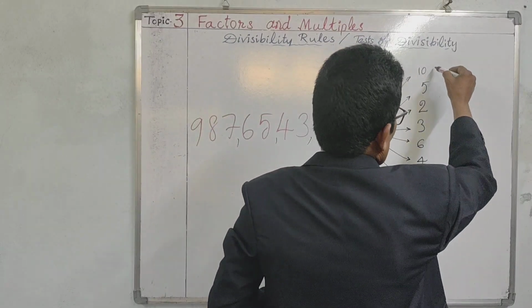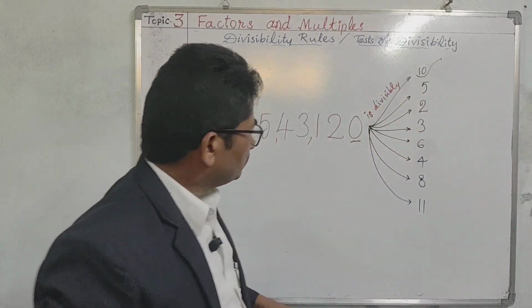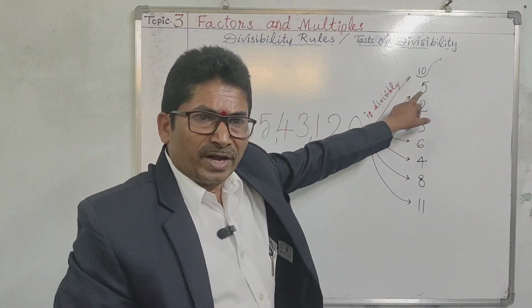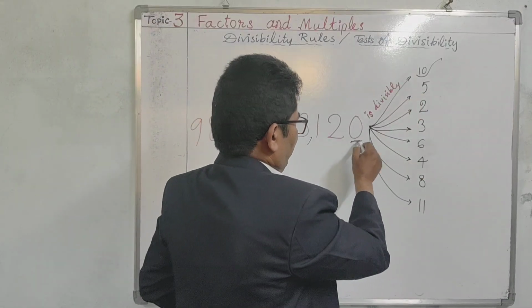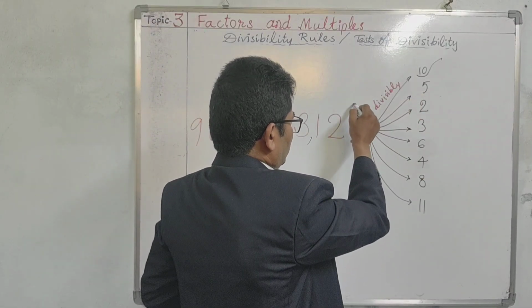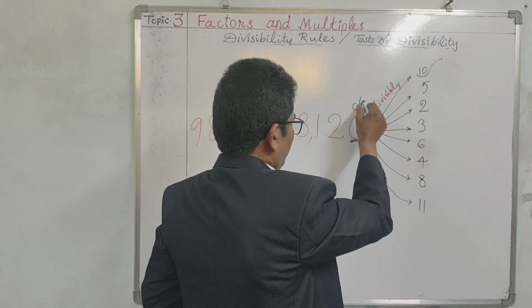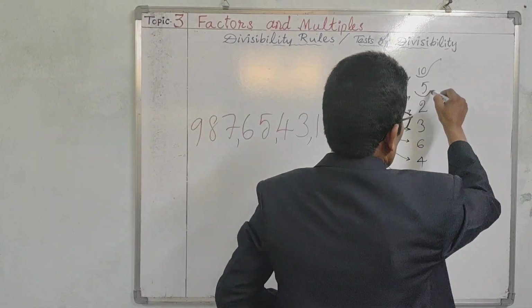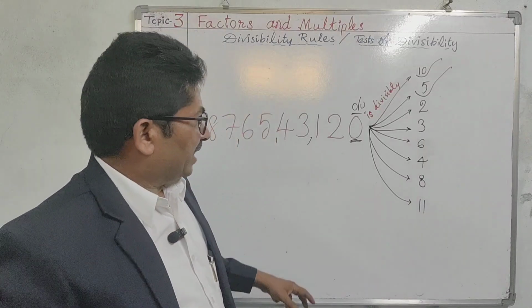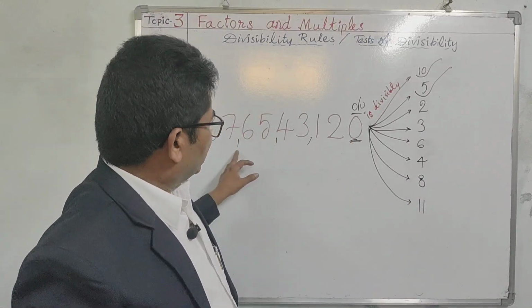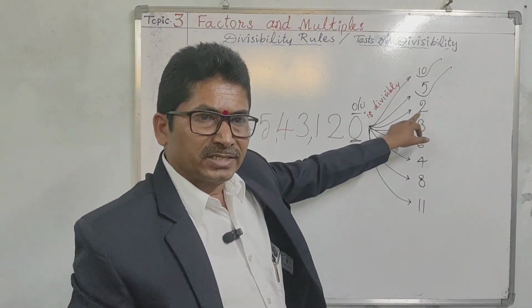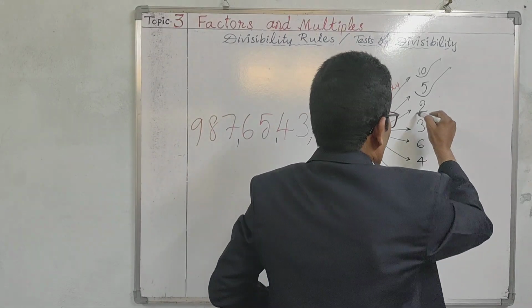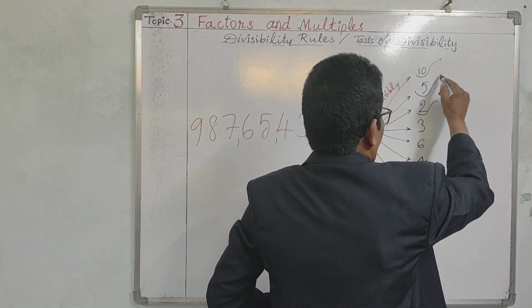So this is divisible by 10. Is this divisible by 5? Here we have 0 in the units place, so this is divisible by 5. Next, is this divisible by 2? Yes, it is an even number. This is exactly divisible by 2.